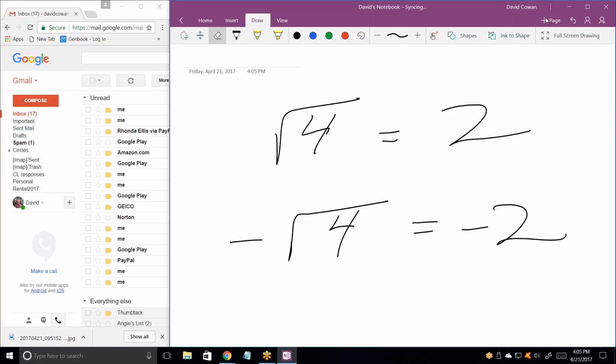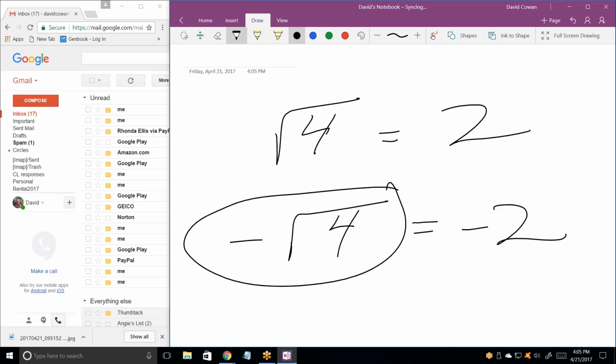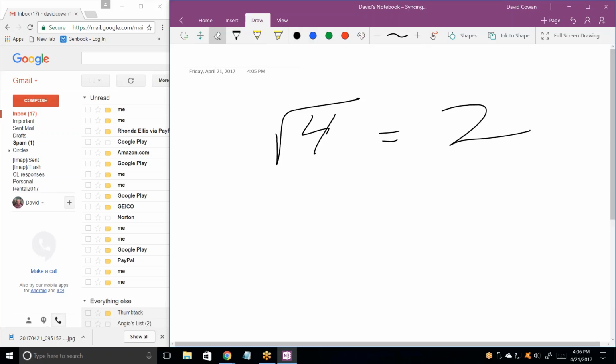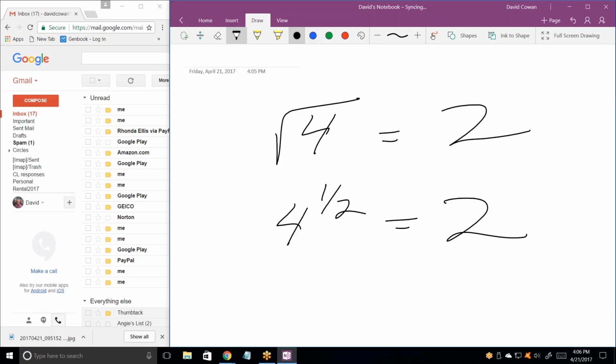If I want the negative solution, then I can write it like this, and that gives you the negative solution. But what I wasn't aware of until today is that 4 to the 1/2 is also only equal to 2, not plus or minus 2.